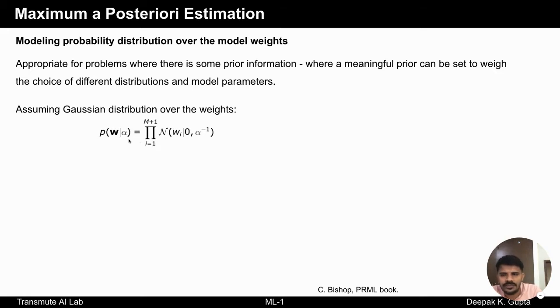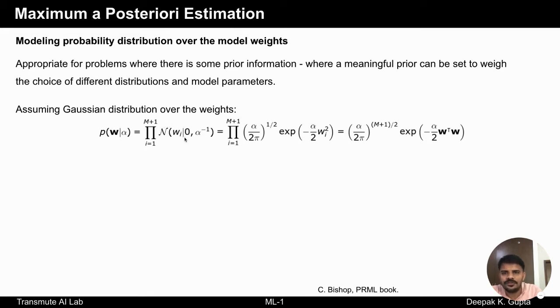So we assume that this term, the probability of the weights with respect to certain parameters alpha, is also Gaussian. Alpha is the precision of this distribution, so alpha is 1 over sigma square. The overall probability of the weights can be written as the joint probability of each of these weight parameters.